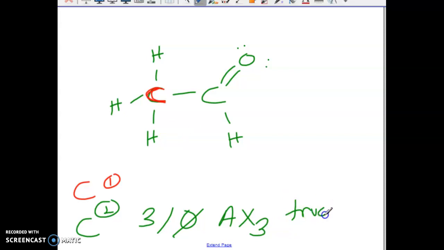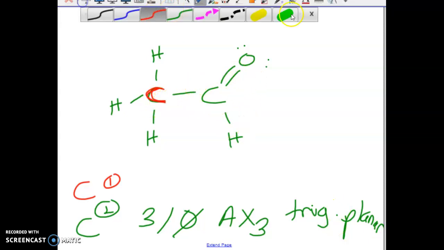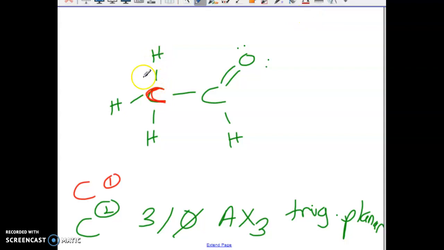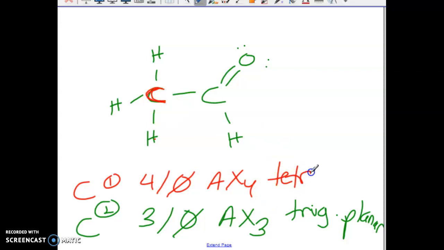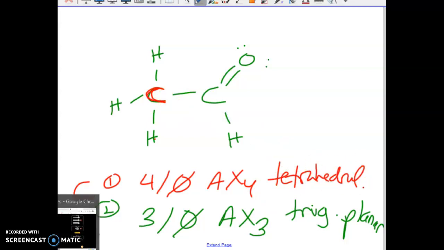So this is going to be trigonal planar. Carbon number 1, our red carbon, has 1, 2, 3, 4 bonding elements and no lone pairs, which is going to be AX4. So actually carbon number 1 is a tetrahedral shape. So the shape along the way can change, right?